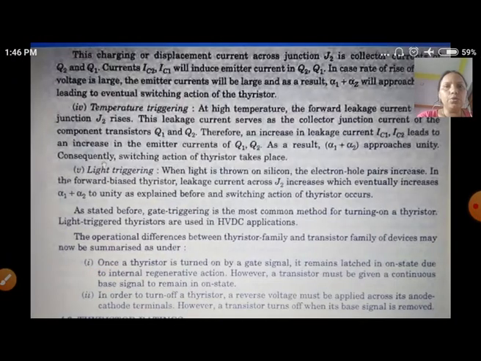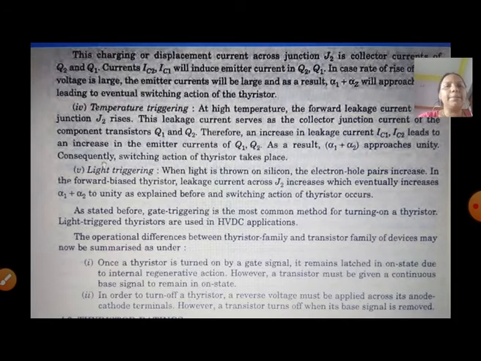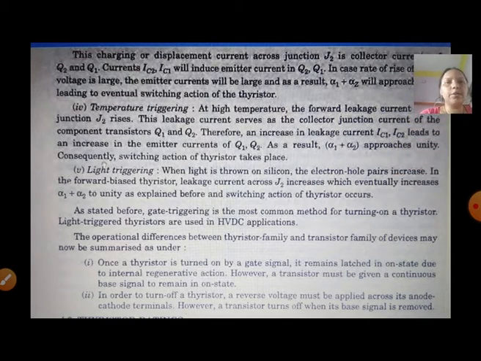Okay, so the next one is temperature triggering. See what happens in temperature triggering. At high temperature, the forward leakage current across junction J2 rises. Already we discussed that when the thyristor is in the forward blocking state, there is some amount of leakage current through the thyristor. So at high temperature, the forward leakage current across junction J2 rises.